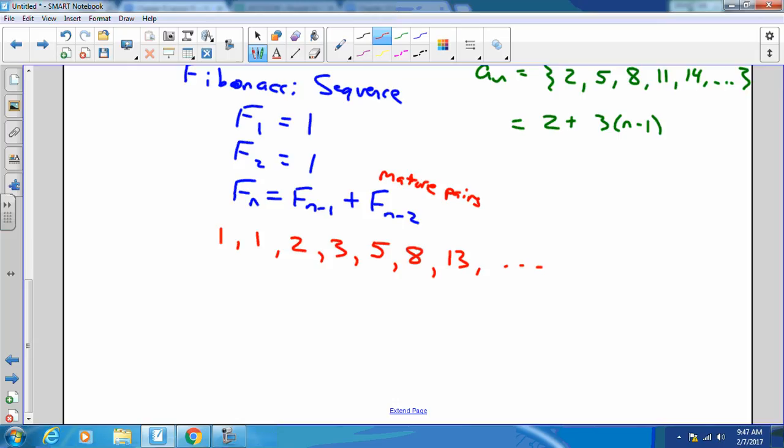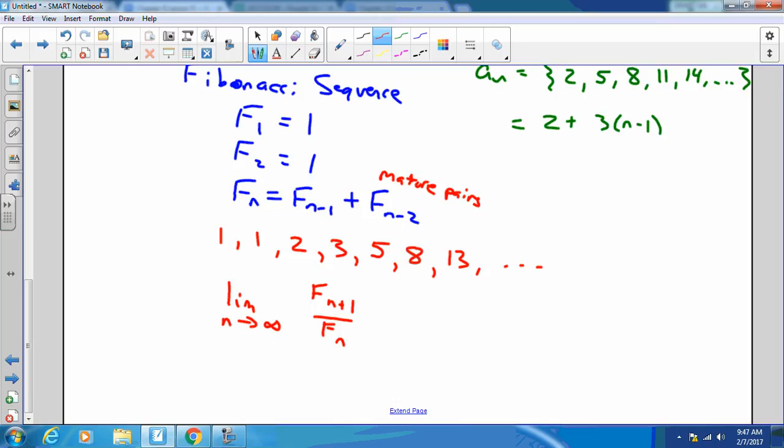And one more thing, and that is that there's a very interesting relationship when we take a look at the limit as n goes to infinity of the ratio of F(n+1) to Fn.